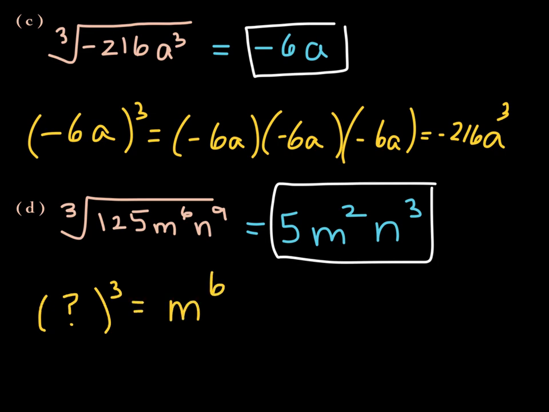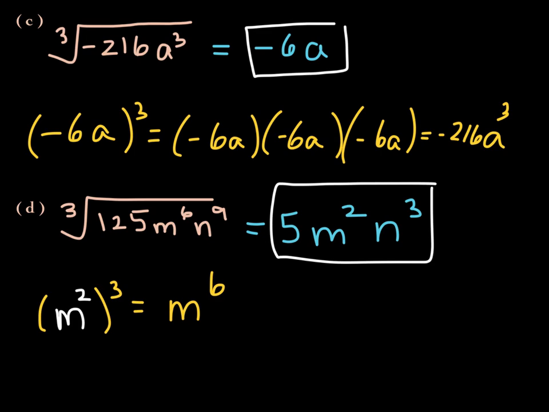We know our properties for exponents. Whatever exponent I write inside will be multiplied by 3 to give me 6. That means this would have to be m squared, because 2 times 3 is 6. So that's how I got m squared.